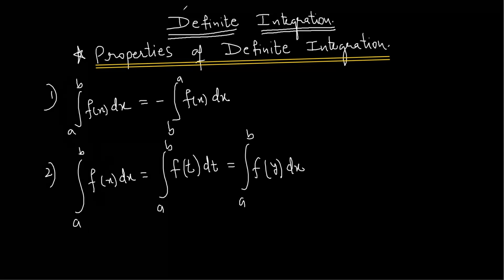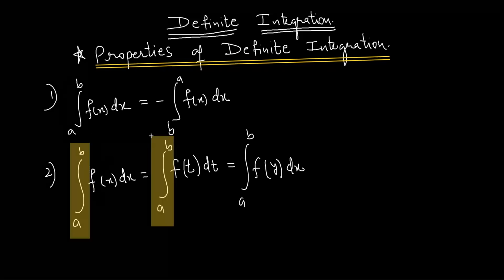It means that if you have the same interval, see a to b, a to b and a to b, and you have the same function, see the function is f in all the three integrals.